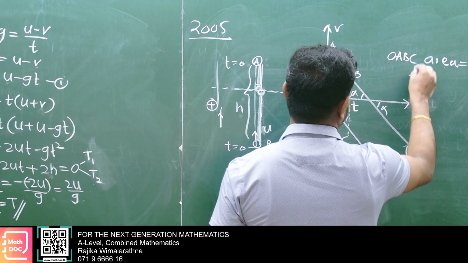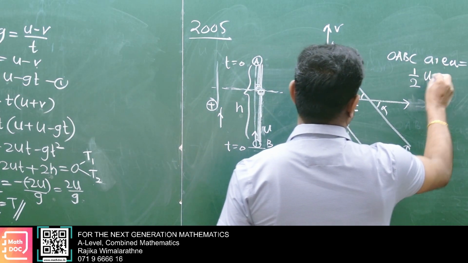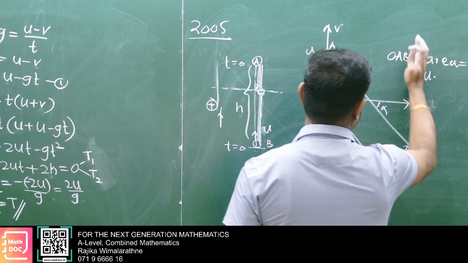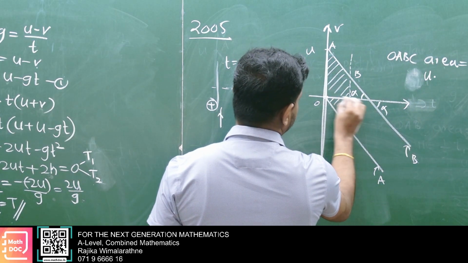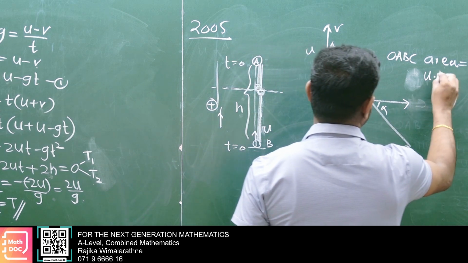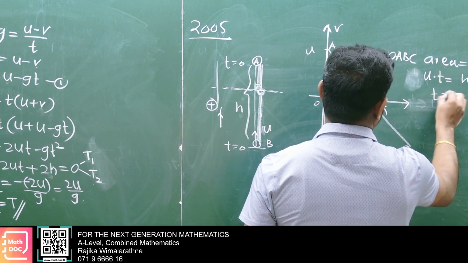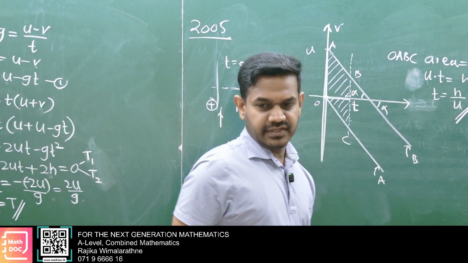The parallelogram area is the length u multiplied by the perpendicular distance between the parallel lines, that is t. Then t equals h divided by u.